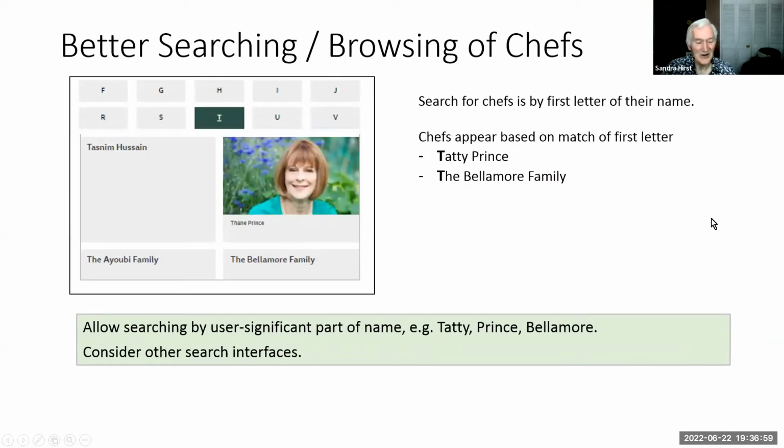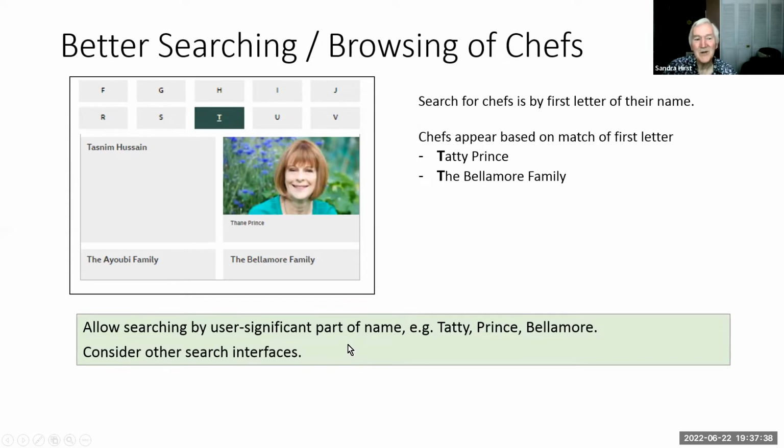Here's something that you don't need to be an information architect to recognize is terrible. If we're searching or browsing chefs, we put in the first letter of their name, and the chefs appear based on a match of the first letter. So you can see Tatty Prince or Thane Prince is there. I don't know why I said Tatty, short-sighted. The Bellamore family, there are lots of T's. There's the Ayubi family, the Bellamore family, the Clarence family, the Drake family, the Ely family, etc., etc. Useless, useless, useless.